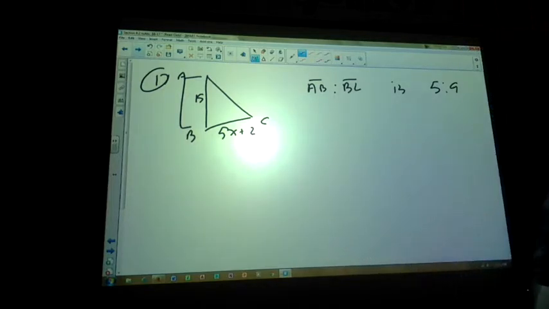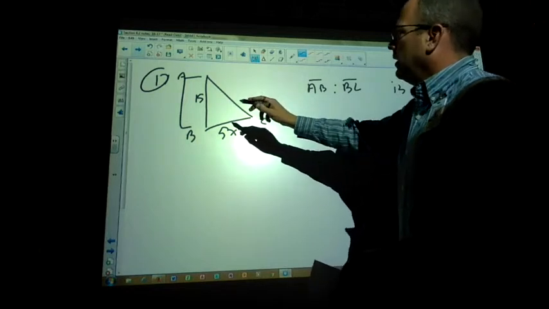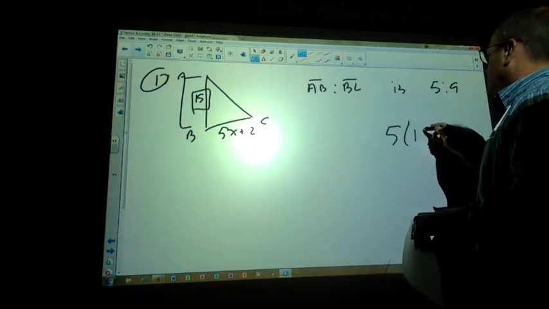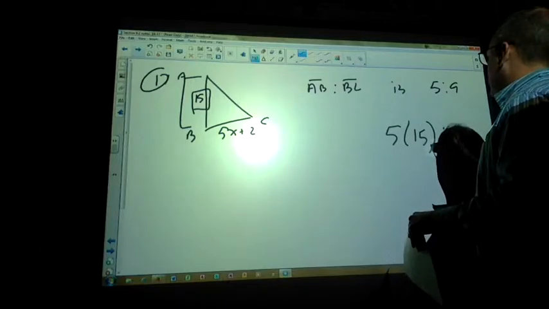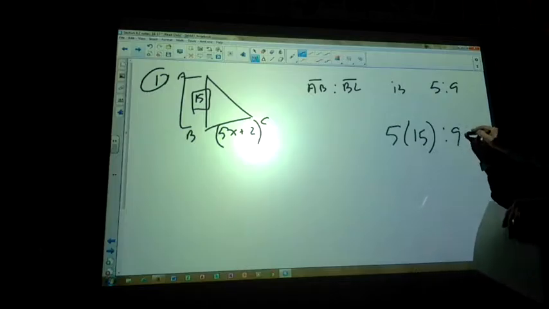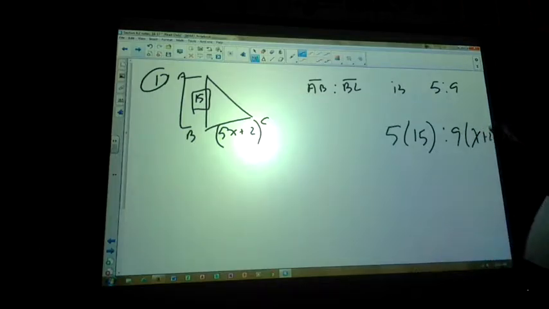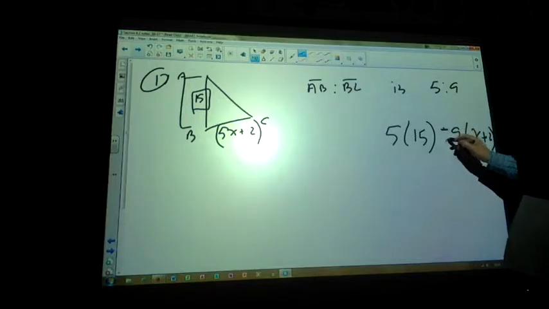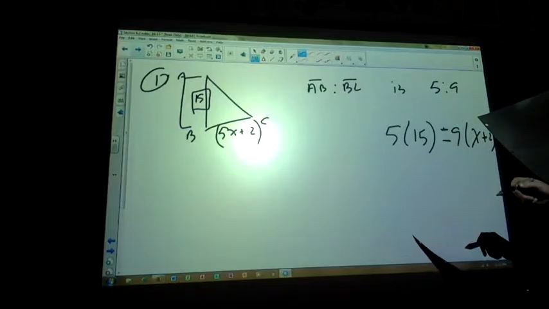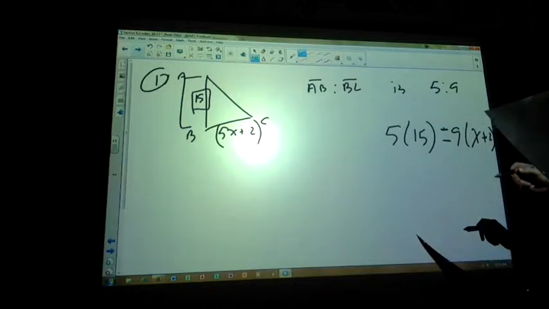Okay, so A to B. I would say I'm going to take this length, multiply times 5, and then that goes along with this length multiplied by 9. I guess we could just make that an equal. 5 to 2, 5 to 9. Isn't it a 5x?